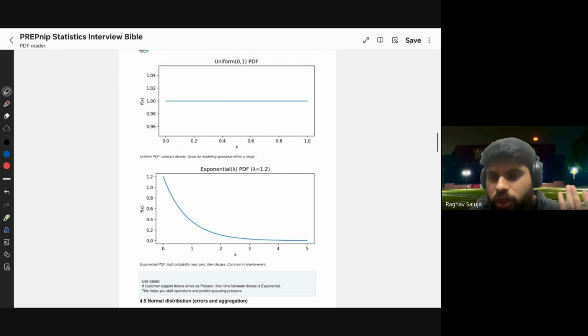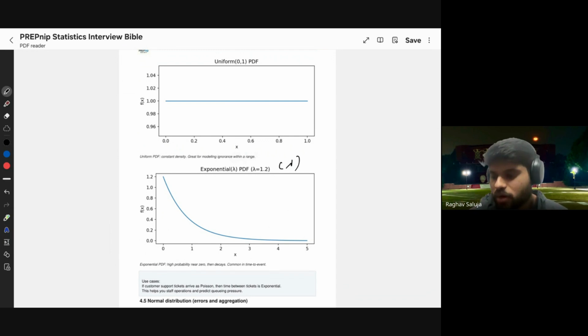Then comes your exponential. Exponential, ब्रैकेट में lambda लिखा है. This models the waiting time between events. Because in this case, not every value in a range is equally likely.